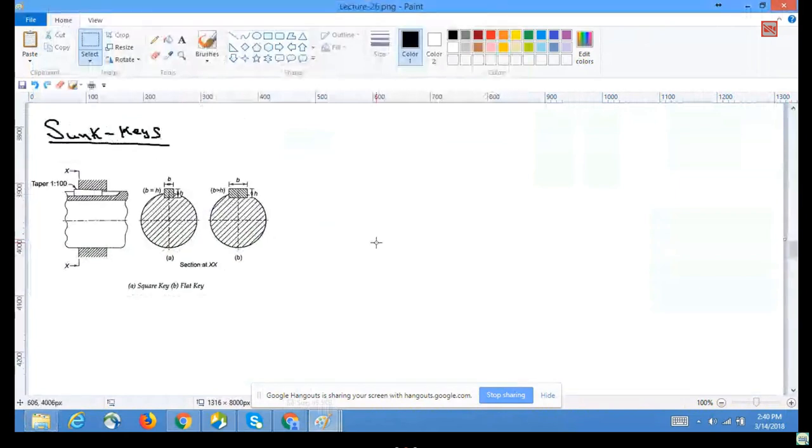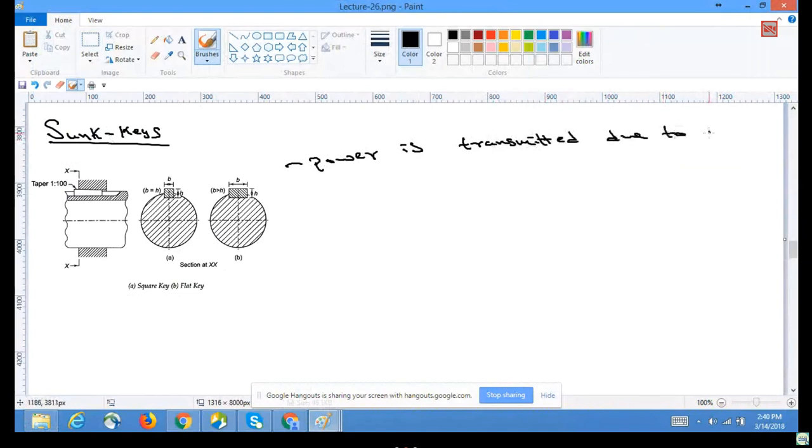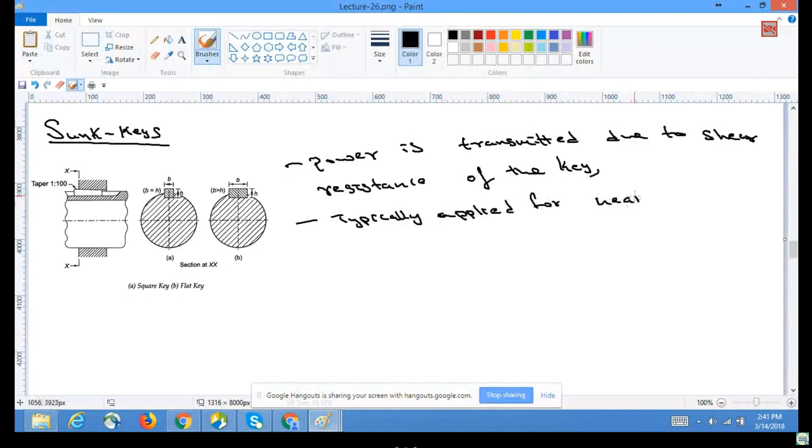In this case, power is transmitted due to shear resistance of the key, and hence typically applied for heavy duty appliances.